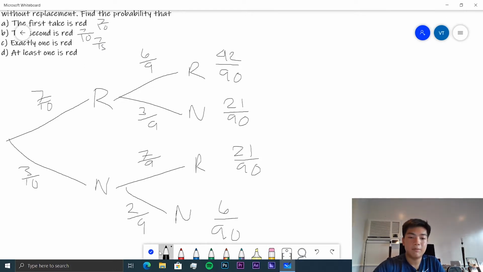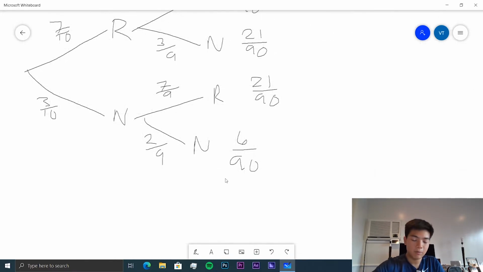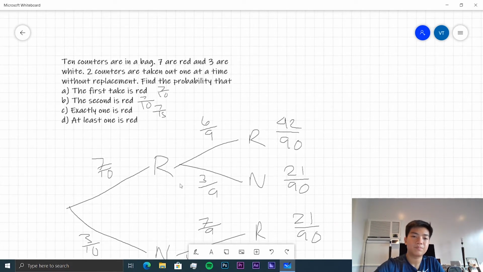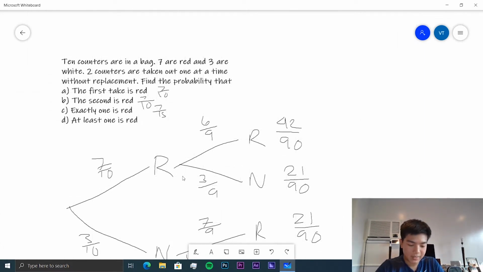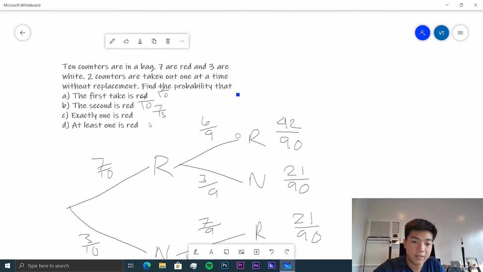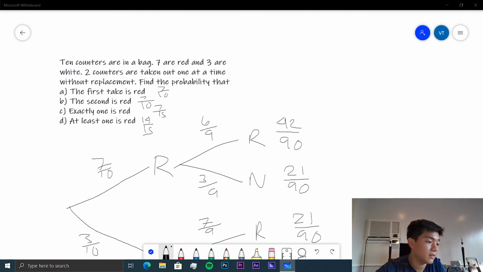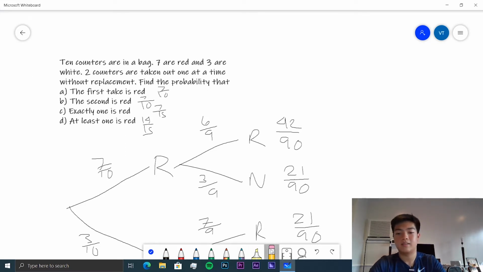And at least 1 is red. We can just subtract the case of not being red from 1, so we get 84 over 90. 84 divided by 6 is 14, 90 divided by 6 is 15, so it's 14 over 15. Nice. So yeah, that should all be correct. 7, 7, 7, 14. Yep, okay, that's good.